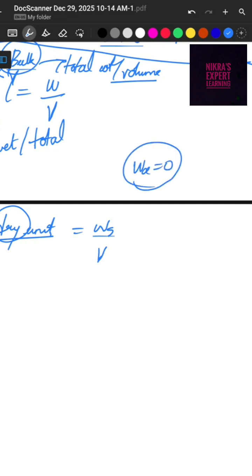We studied this in the phase diagram. So we are only considering the weight of solids with respect to volume. Only thing we have to remember is density equals weight by volume. From this we'll get all the weights. First the bulk unit weight, second the dry unit weight. Bulk is also called wet or total unit weight.